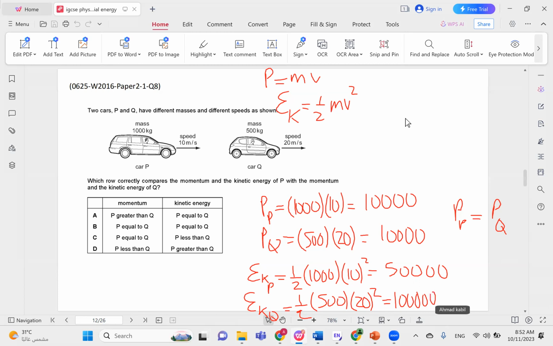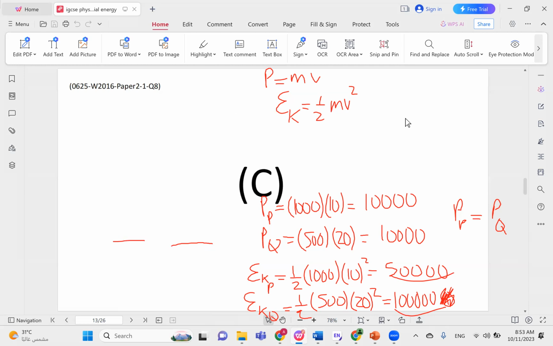So therefore, from our results, we conclude that the momentum is equal in both, but the kinetic energy of Q is greater. Oh, excuse me, I made a small mistake here. I missed a 0. It's actually not 100,000, it's a million. No, never mind. It's 100,000. Okay, we're good. So this value is greater than this value. I just misread the number of zeros here. So anyway, we conclude that the momentum is equal in both. However, the kinetic energy is greater in Q. So the correct choice here is choice C.